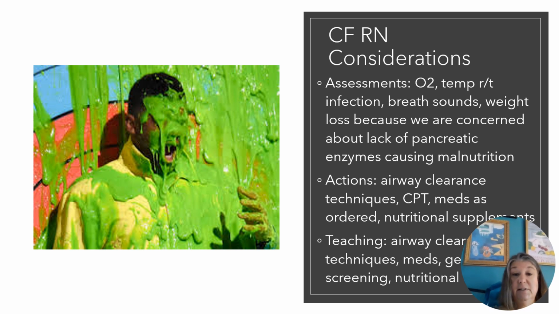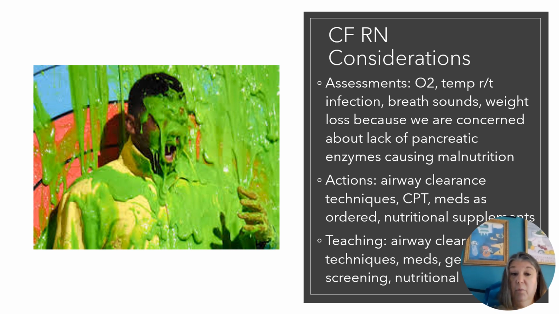Our nursing considerations: mucus plugging. All right. Mucus plugging is where that mucus gets stuck. You can see mucus plugging with trach patients as well. So suctioning is huge. Use of mucolytics, things that bring down the viscosity of that mucus, makes it thinner.